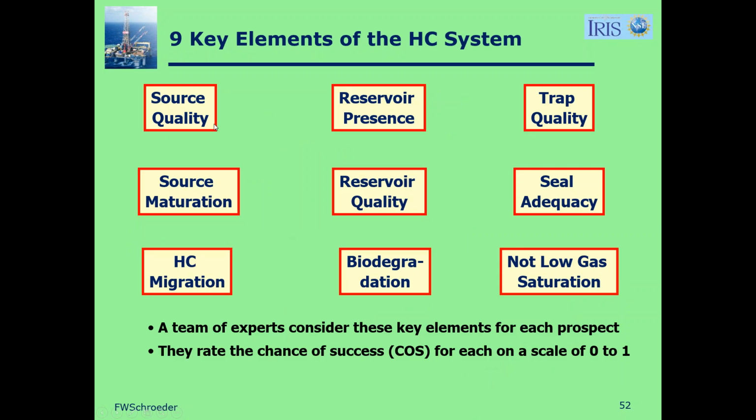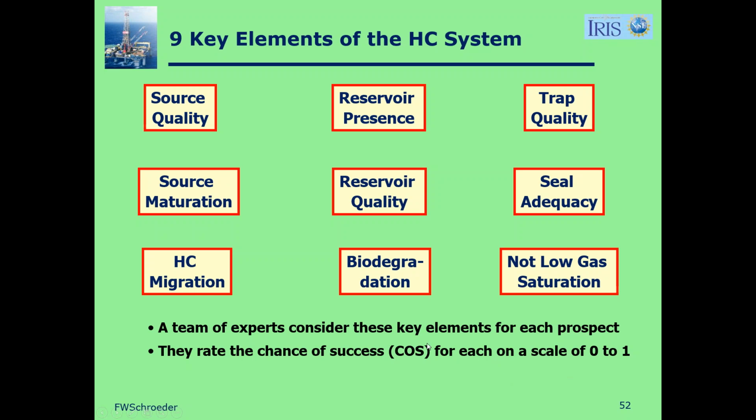To get the risk, we look at factors such as these. There are 9 on this slide: source quality, reservoir presence, trap quality, source maturity, reservoir quality, seal adequacy, hydrocarbon migration, biodegradation or the lack thereof, and a chance that it is not low gas saturation.